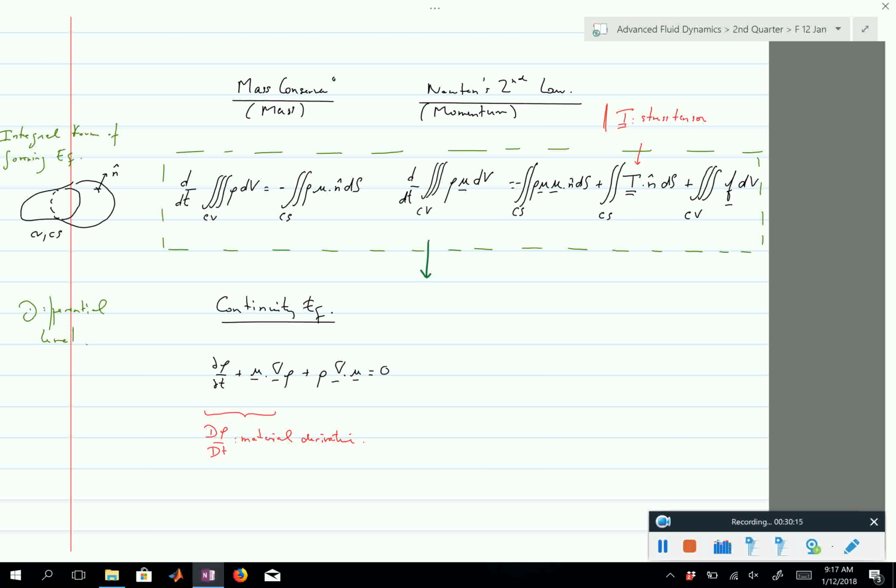Yeah? Okay, so this is what we get when we look at the mass conservation equation.